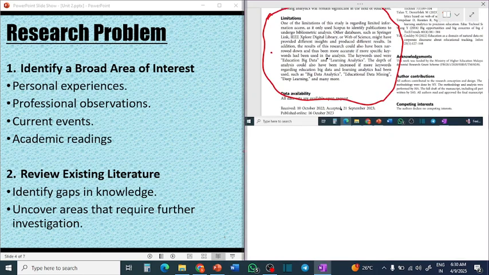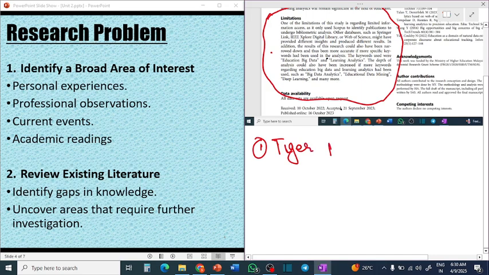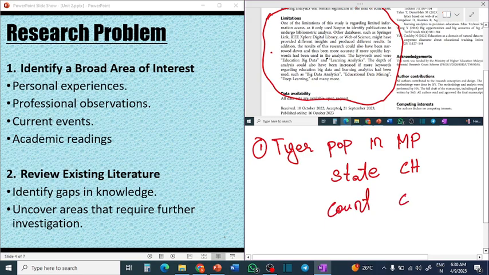For example, in limitations you can see that the tiger population was counted only in Madhya Pradesh. Now you will select a new state and do your counting in Chhattisgarh, or you will select a new country and do it in China.